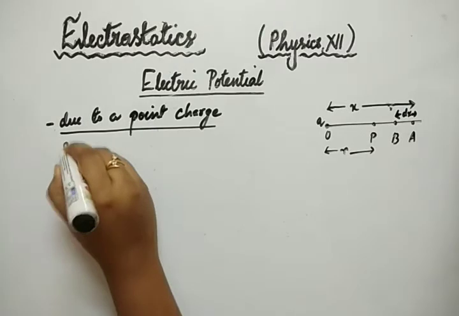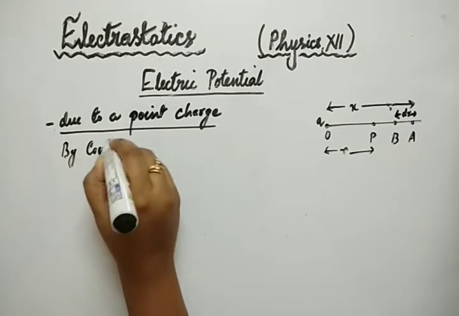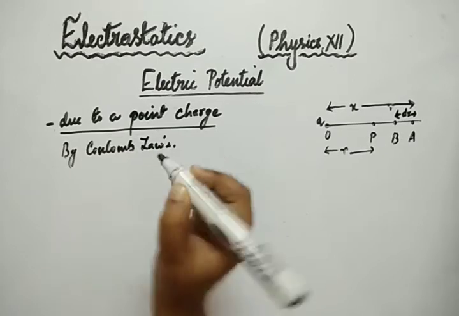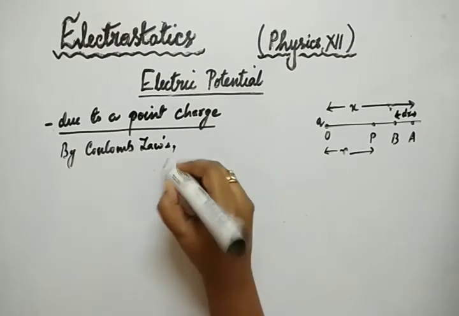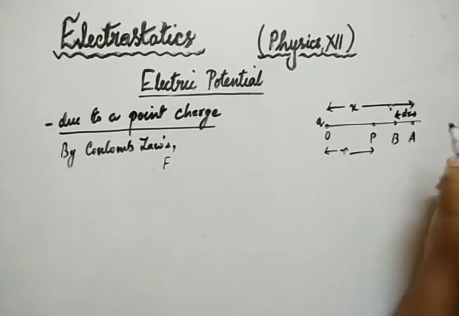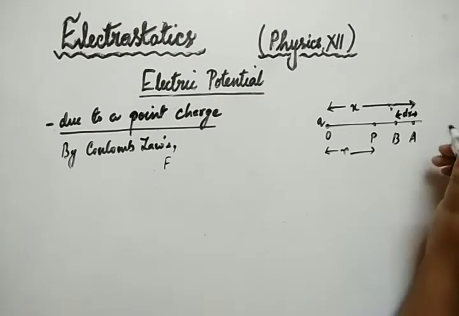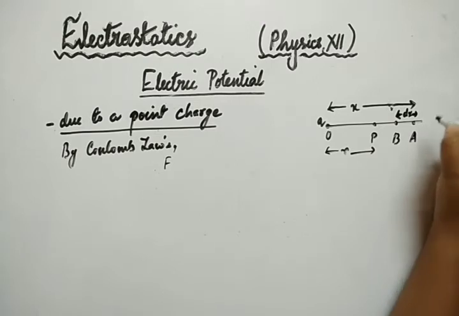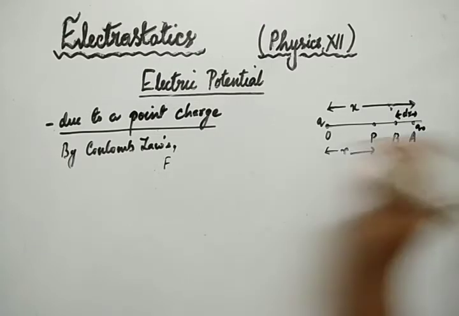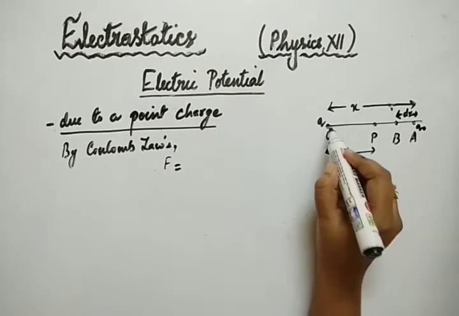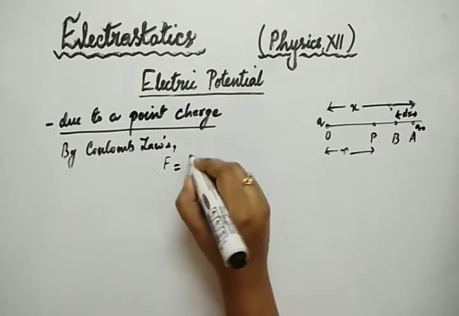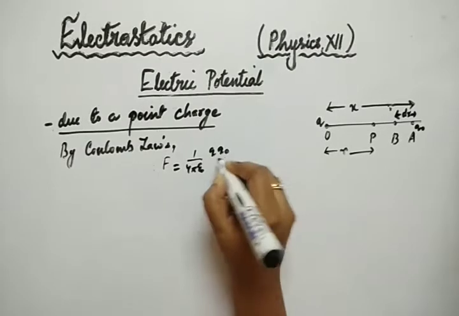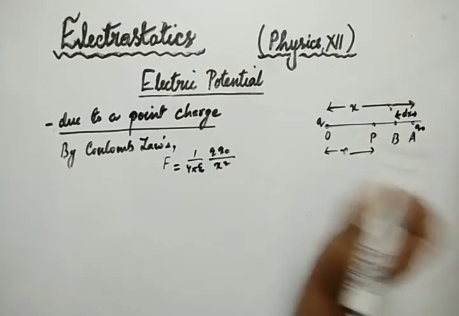By Coulomb's law, you need to calculate the force on the test charge that is kept at point A due to this charge q. So the force is 1 by 4 pi epsilon naught q q naught by x square, because here the distance is x.